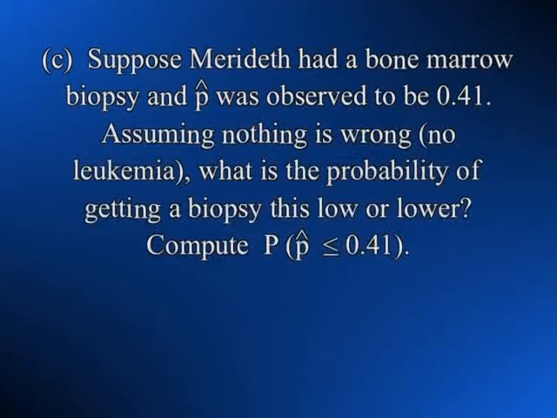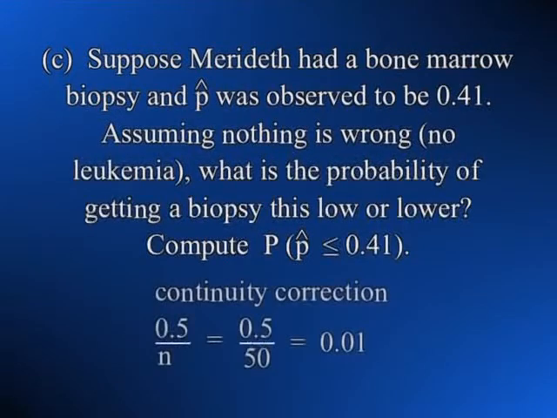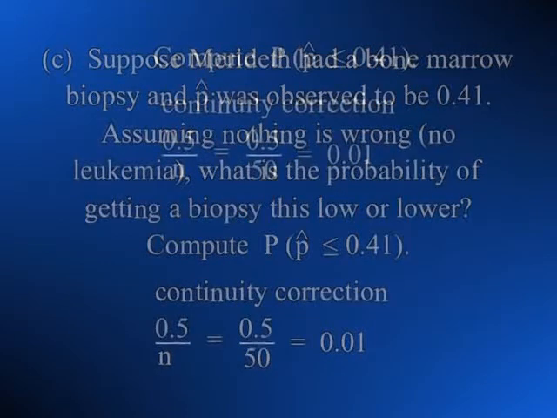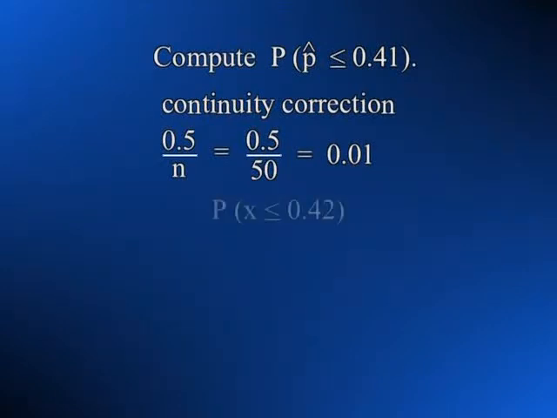The probability that p hat is less than or equal to 0.41, we need to change it into the x idea and then to the z idea. We need the continuity correction again, and it's 0.01 as it was before. So we're going to add that to the 0.41, and we are converting therefore into an x probability. So it's the probability that x is less than or equal to 0.42.